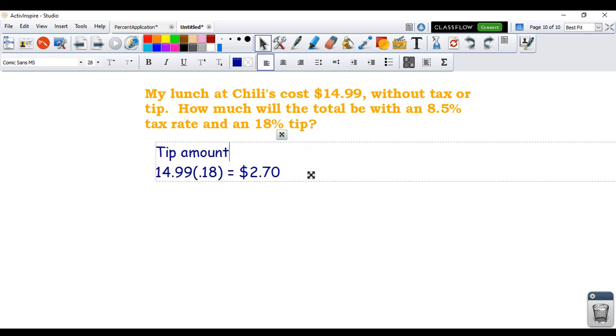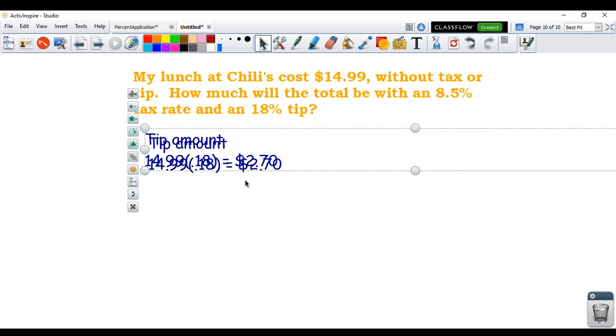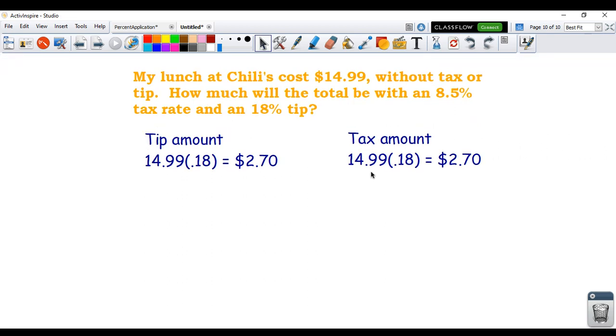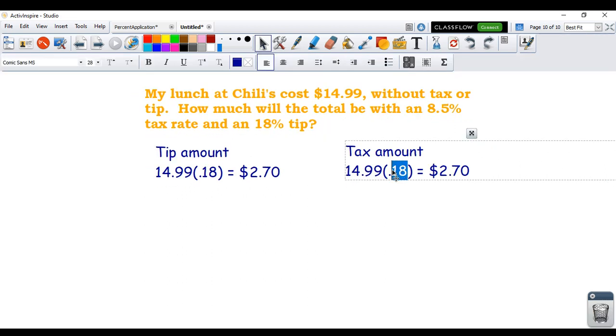Okay, now for the tax amount, I'm going to work it the same way. So to find how much tax is being added, I'm also going to calculate it off of $14.99. But instead of using 18%, I'm going to use that 8.5%. So it's going to be 0.085.